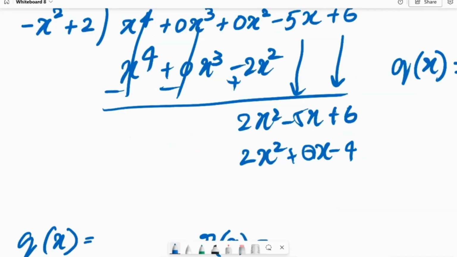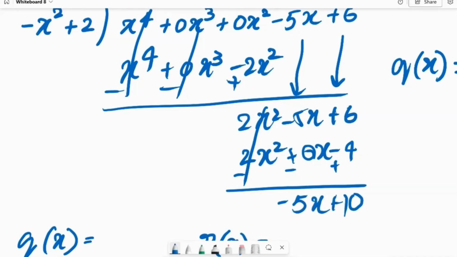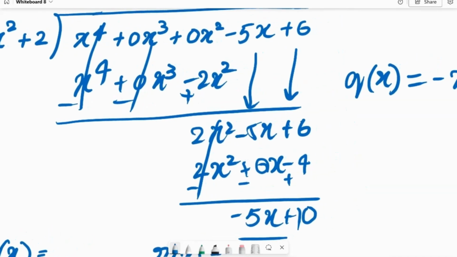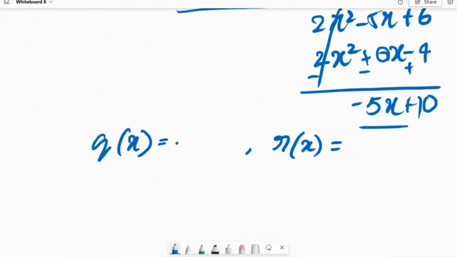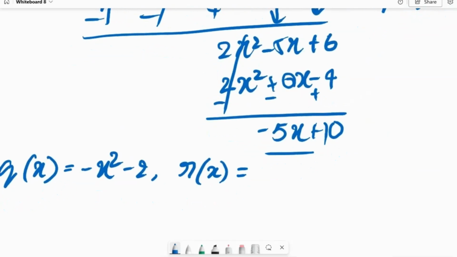And again change the sign, this would be minus, this would be minus, this would be plus. So 0, minus 5x, and 6 plus 4 is 10. So that's it. Q of x would be minus x square minus 2, and r of x would be minus 5x plus 10. Simple method.